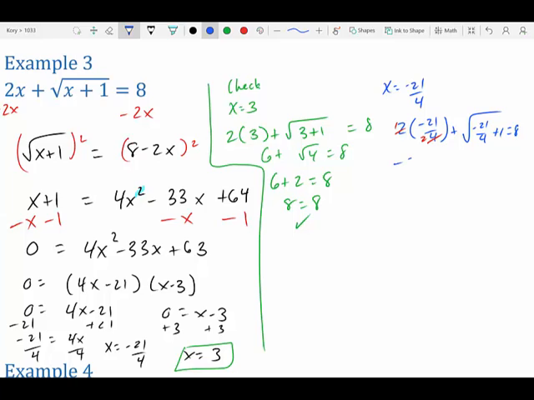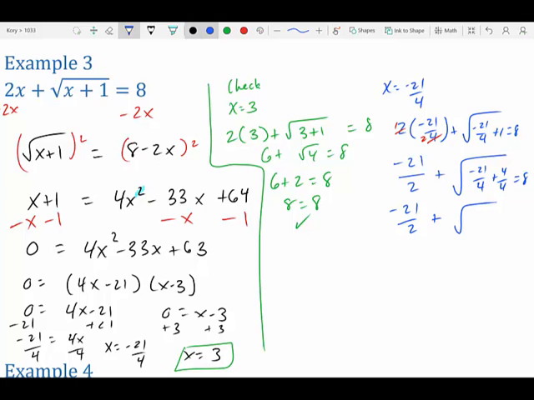So now we have 21 over 2 plus the square root of 21 over 4 plus 4 over 4. I don't know why I keep putting negative.